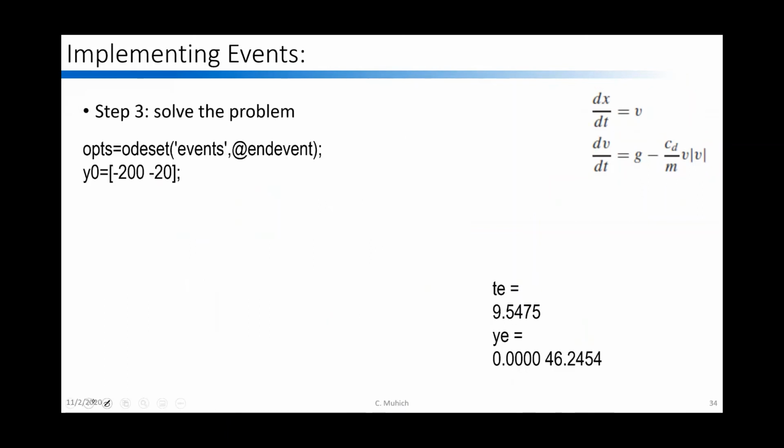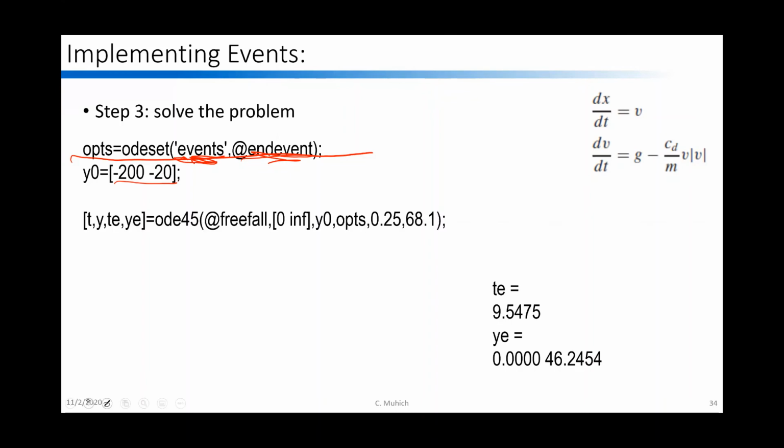Okay, so we can solve this system out. I'm not going to show it to you, but we can use that odeset for options, using the events tag and then that end events function that we just talked about. Once again, we can set our initial y values to negative 200 and negative 20 for my initial starting values, and then we can substitute into this function.